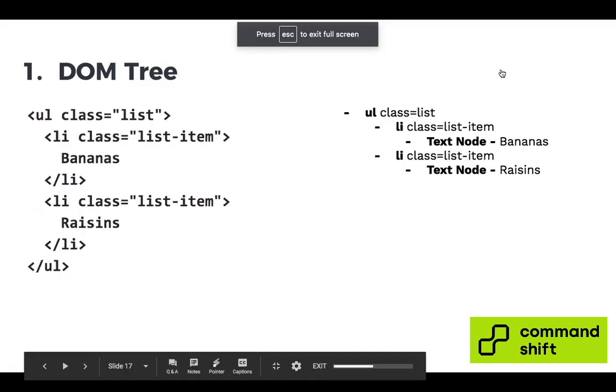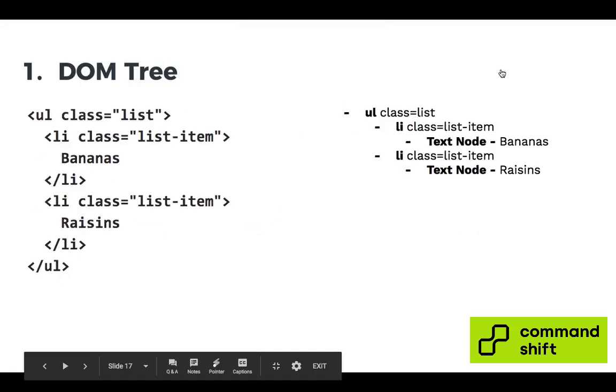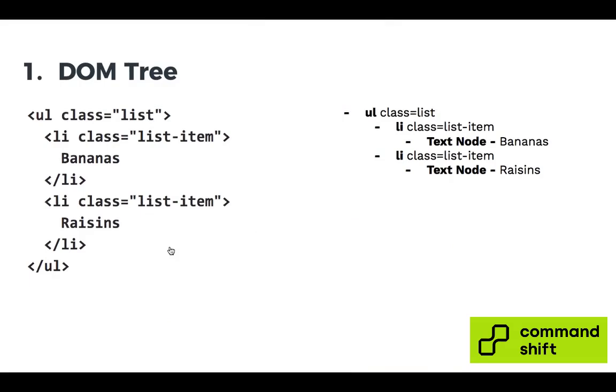Okay, continue on. DOM tree. So again, we talked about this, the parent elements could have children, they could have children, they could have children, and indeed, from the browser's perspective, it is presented as a tree, right? At the top level, we have this unordered list that has a list item, and that has a text node.